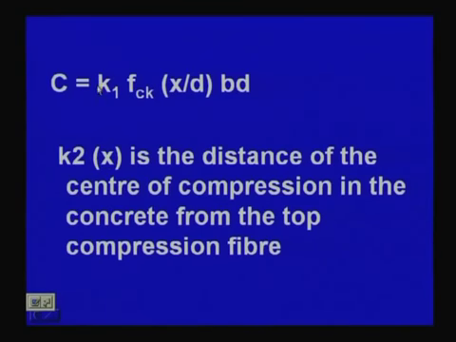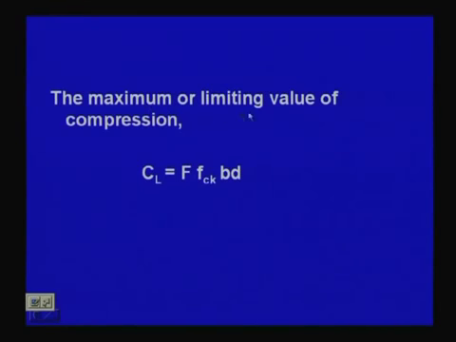So one parameter is K1, the other parameter is K2, and the third one, the maximum or limiting value of compression, F times fck BD.